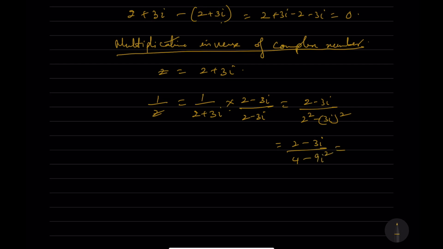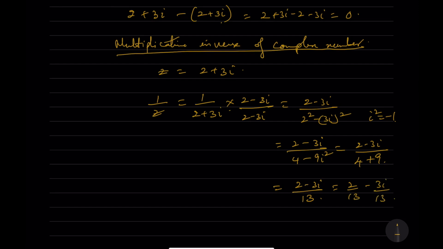Because i square is equal to minus 1, you get plus 9. So it is equal to 2 minus 3i by 13. This is the answer. You can write it as 2 by 13 minus 3i by 13.